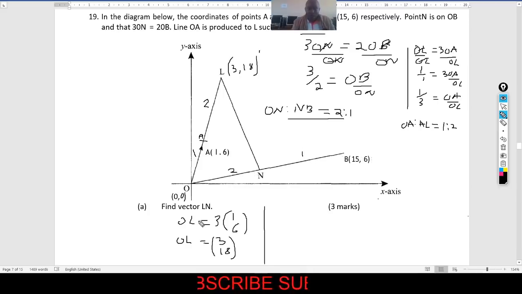You can say it that way: ON equals, from here to here is 2, ON is 2, the total is 3, so 2 over 3 OB. So from there I can find N, the coordinate of N. I can find ON.